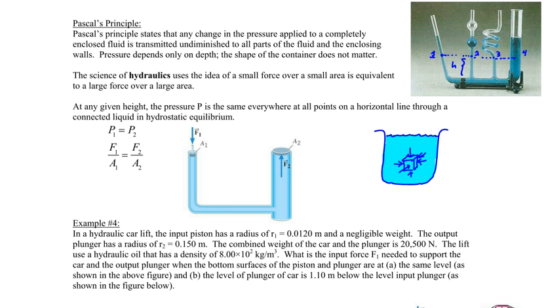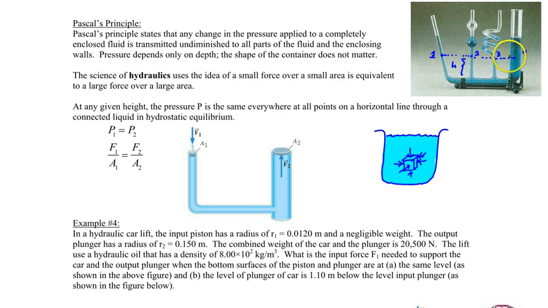So what we're really saying is that in a confined fluid, the pressure is transmitted everywhere throughout the fluid and is undiminished, even through the walls of the container. This is all really one fluid, so the pressure here, here, here, and here are the same.